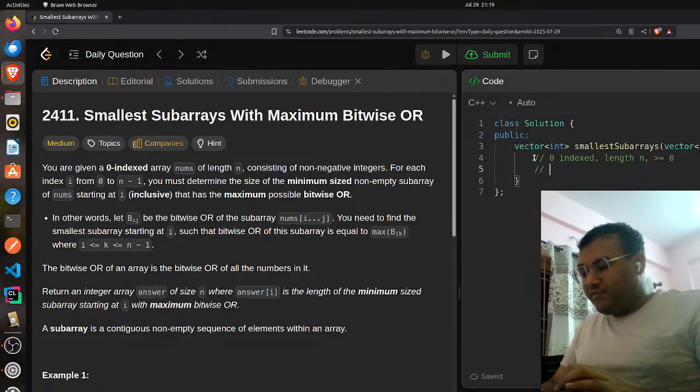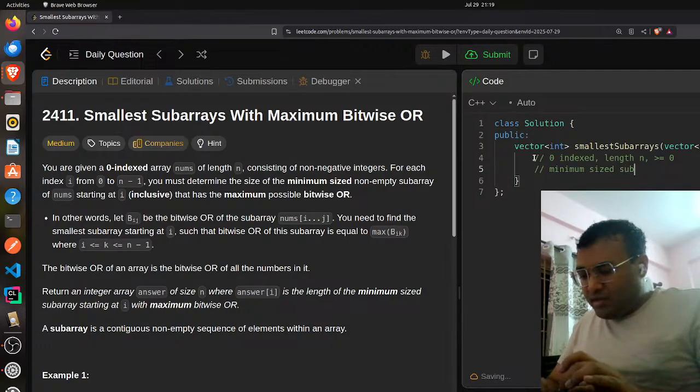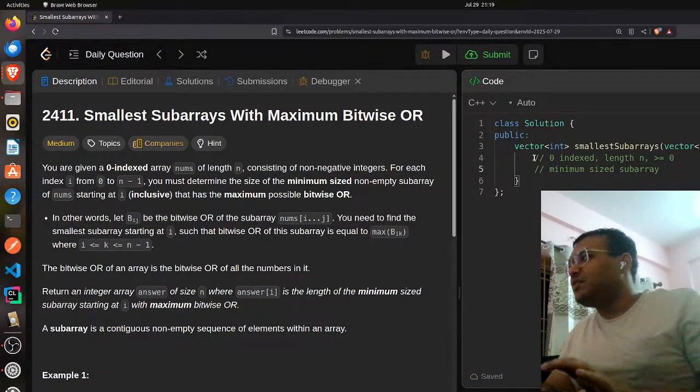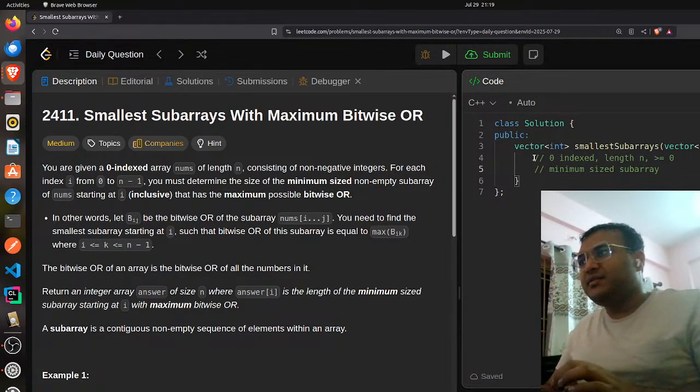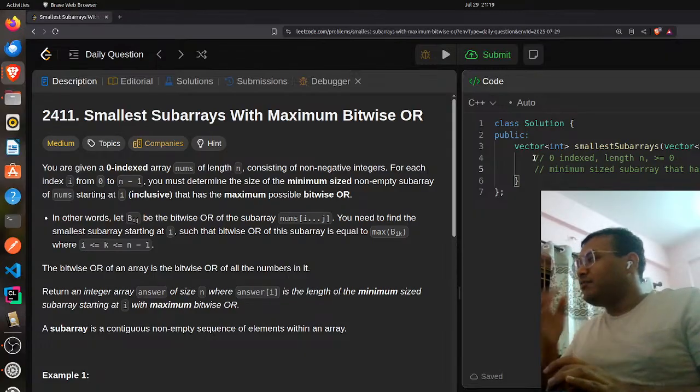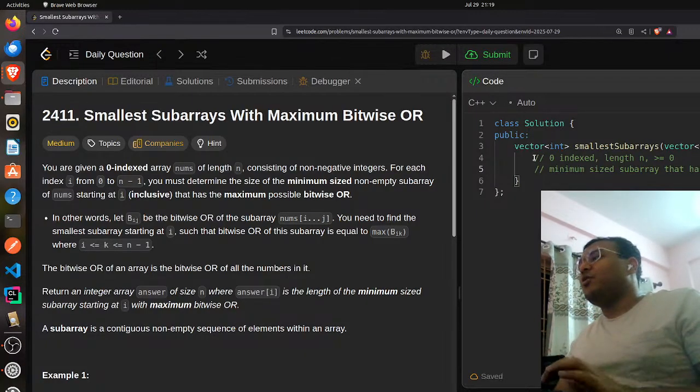So what we have to find is the minimum size. Let's put aside the non-empty part. We want the minimum subarray size that has the maximum bitwise OR. We need to take care that it is bitwise OR, not bitwise AND.